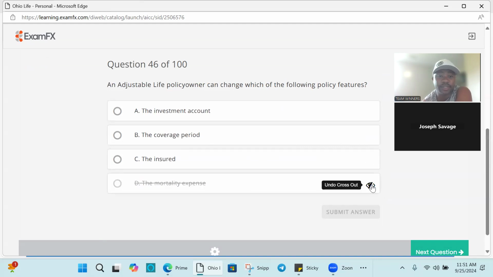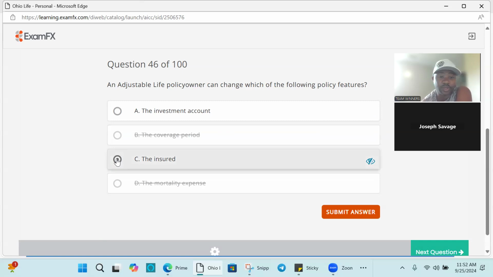They cannot change mortality expenses. They can change the investment account, but we're talking about policy features. It's also adjustable. They can change coverage period. They can just request to get it changed. They can change the insured.